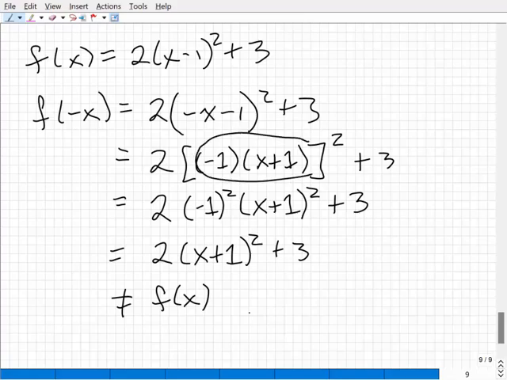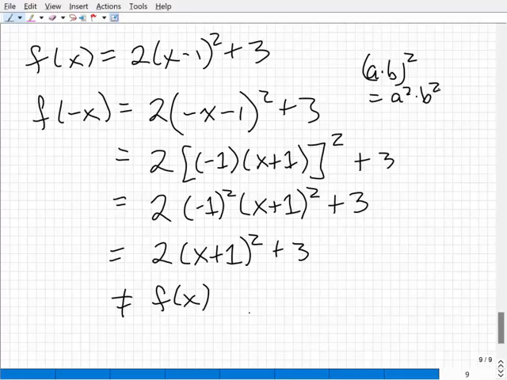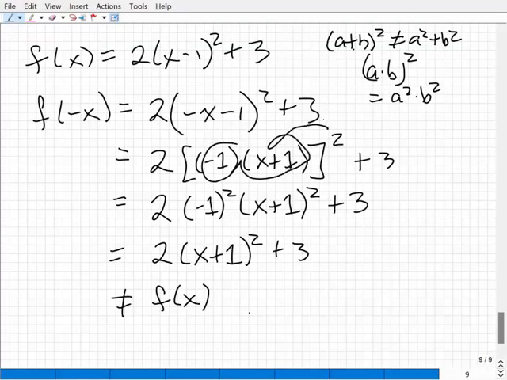And if you have a times b squared, yes, this is a squared times b squared. Okay, you can do that. Again, that's different than this. This is not a squared plus b squared. You only have two operations, addition and multiplication, right? Here you can do this. Here you cannot. Okay, so a number times a number squared, you can apply the squaring to both of those numbers. The minuses go away.